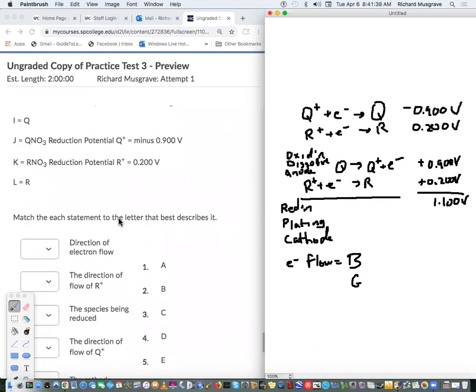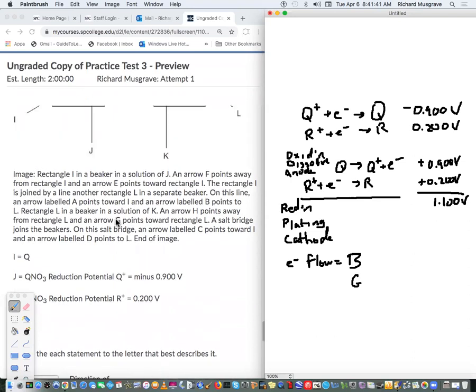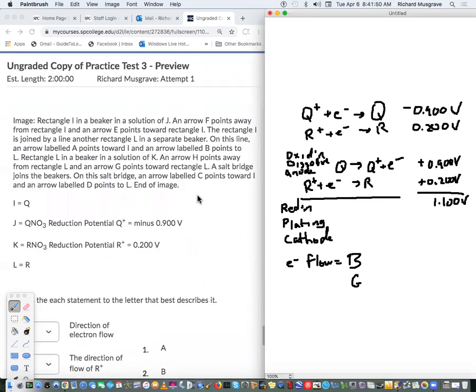The species being reduced. Whatever's being reduced or oxidized is always going to be on the reactant side here. It can only be Q or R plus as being the answer. And what it's looking for is the one being reduced.